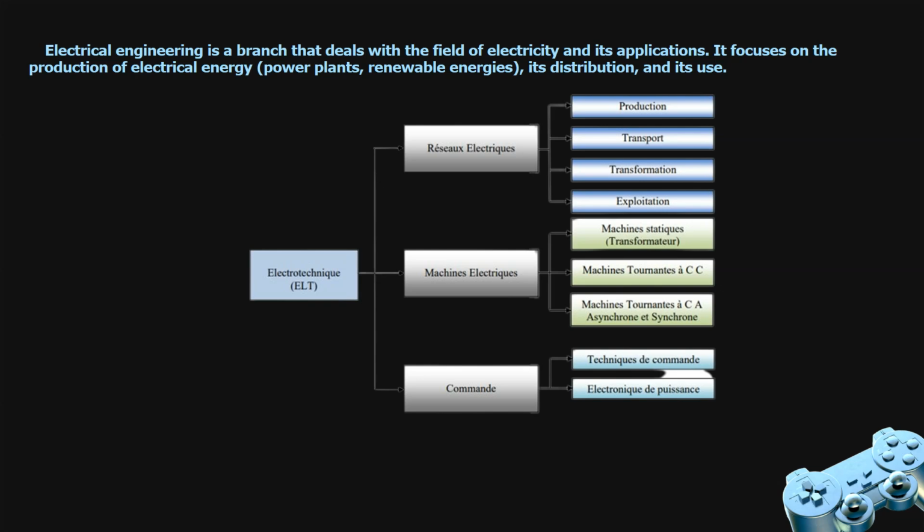We will talk about the generation of electricity, the transmission of electrical energy, and the distribution and use of this electricity. So we have three families: the electrical network, the electrical machine, and at the end the command and control of this energy.